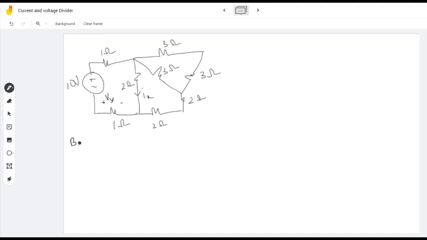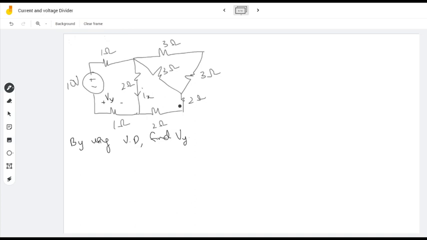Anyway, now second example. Now by using voltage divider, find Vy. So we already did current divider. Now let's do voltage divider. When can you use the voltage divider technique again?